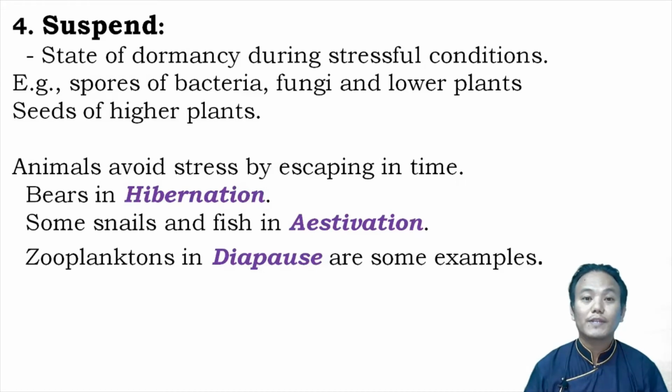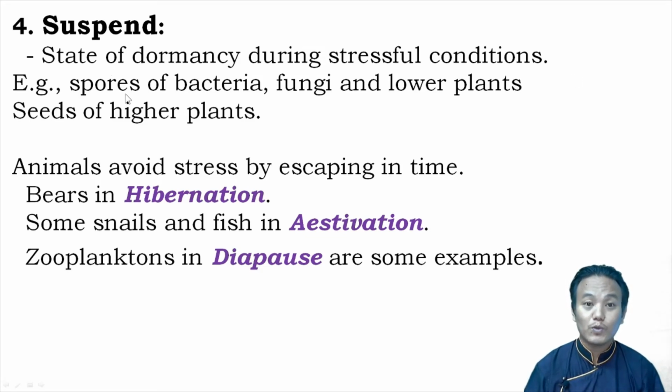Some organisms, when the external environment becomes quite unfavorable, reduce their metabolic activity and enter into a state of dormancy called suspension. We have examples in bacteria, fungi, and lower plants which produce spores.